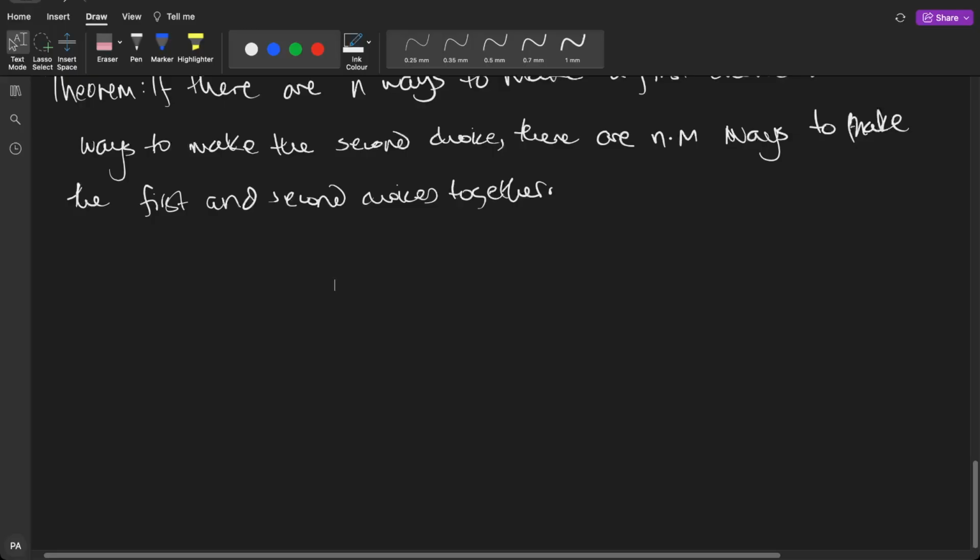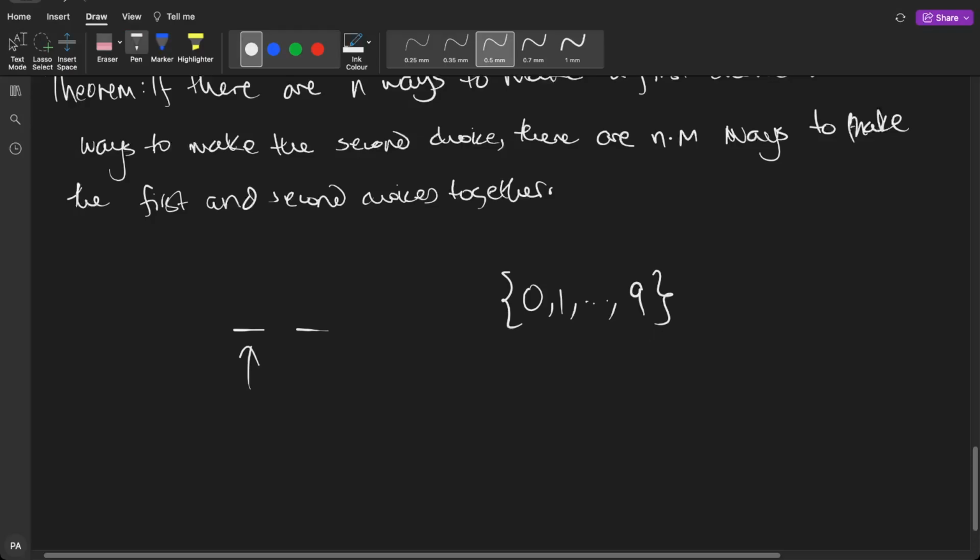So, let's think about this intuitively. Suppose that in fact, we can think about this like a two-digit combination. So, let's say we're allowed to pick the digits 0 through 9 for both of those choices.